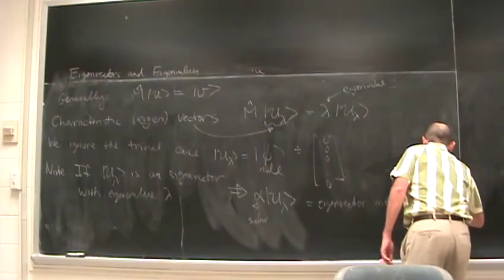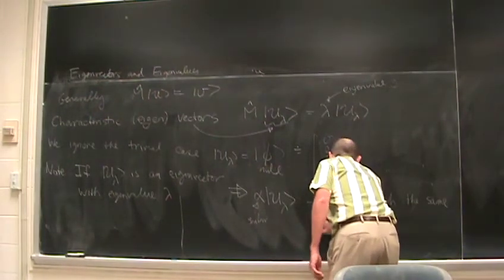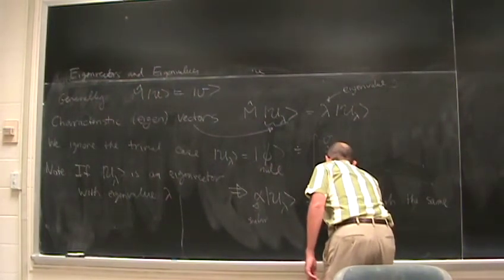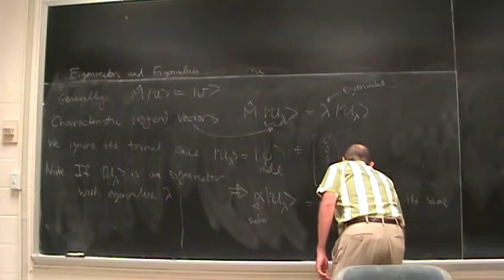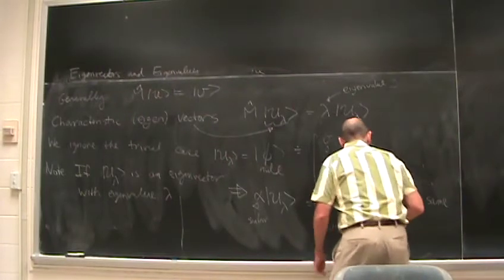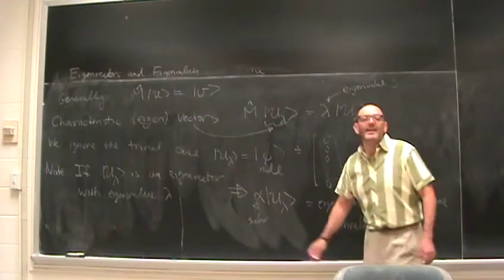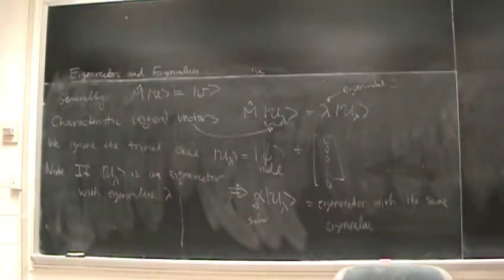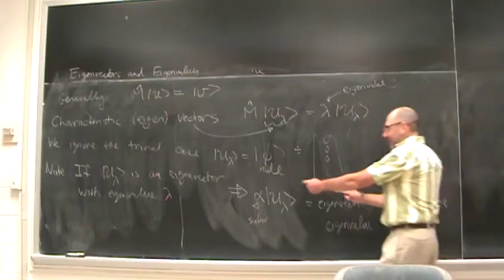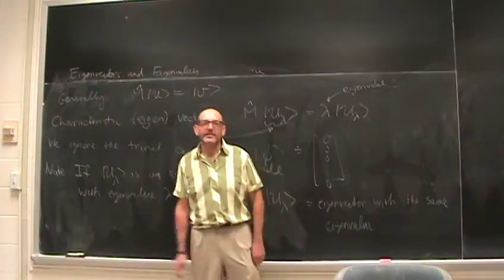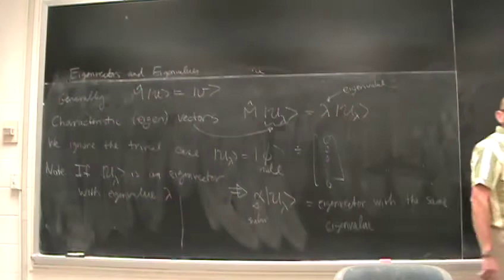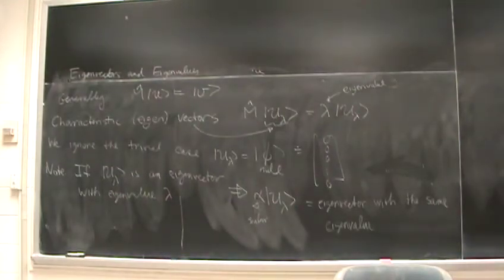But again, they're not considered as distinct. They're really a whole ray. The whole ray in Hilbert space is the same eigenvector. This is not a distinct eigenvector from this. It's just scaled.